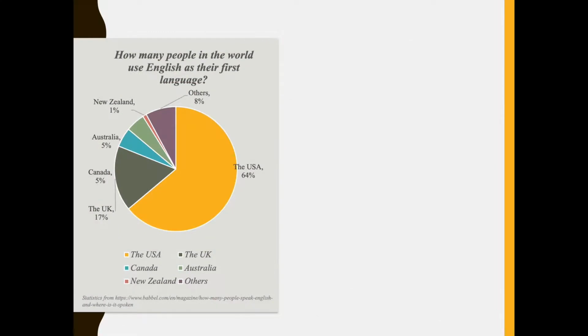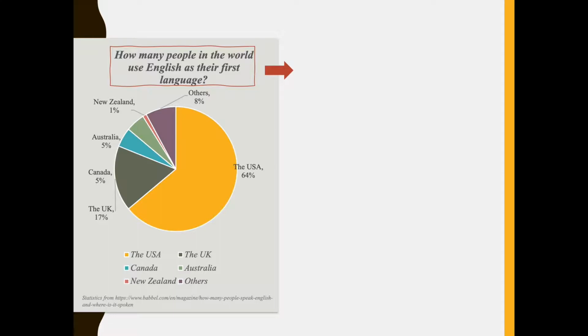Usually, a passage describing a pie chart consists of two parts. The first part is the introduction to the pie chart. This often comes from the title of a pie chart. As for this example, the title wrote, "How many people in the world use English as their first language?" Then we can see a passage like this.